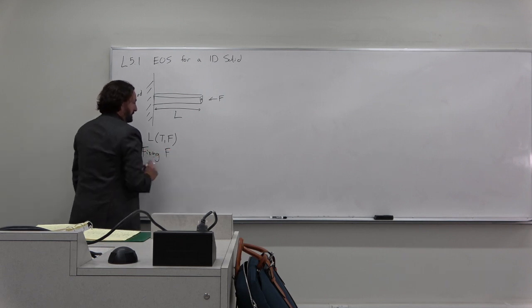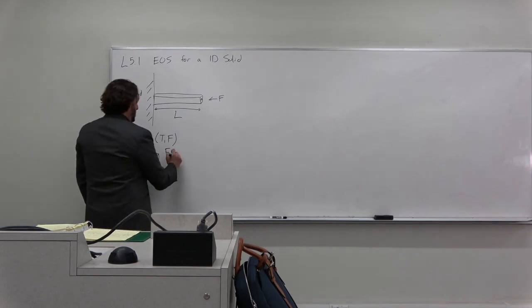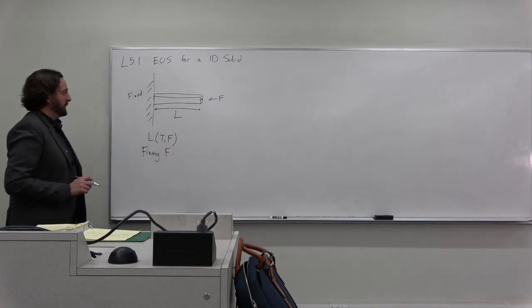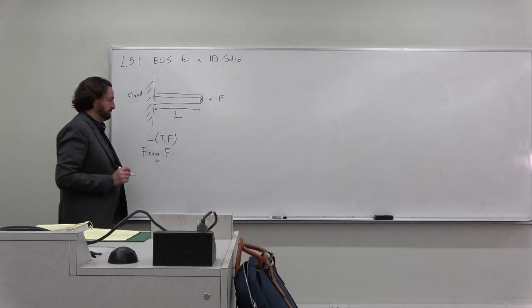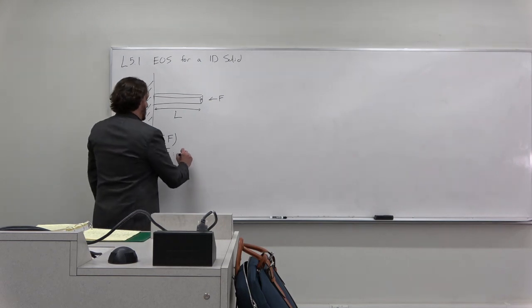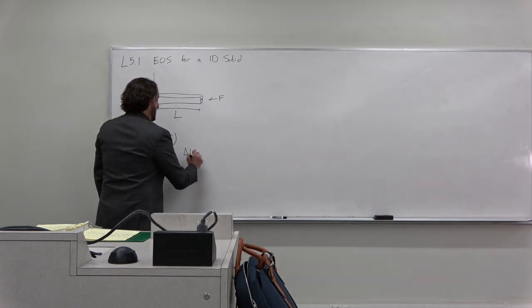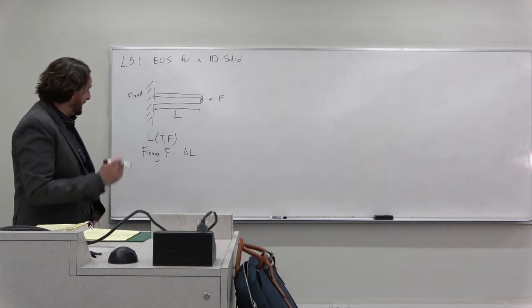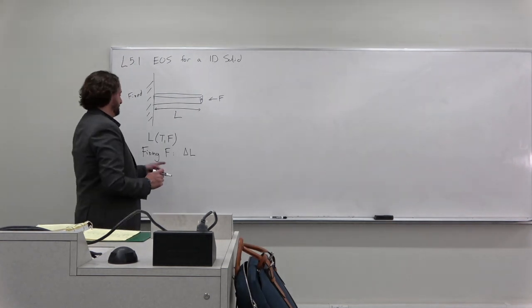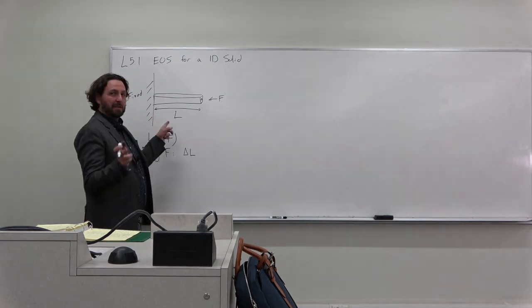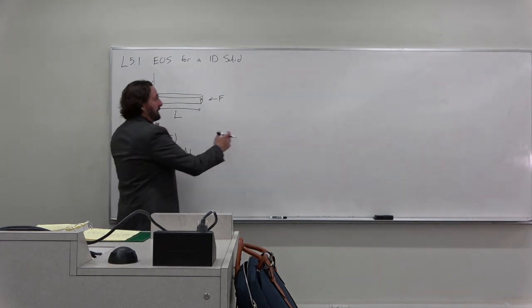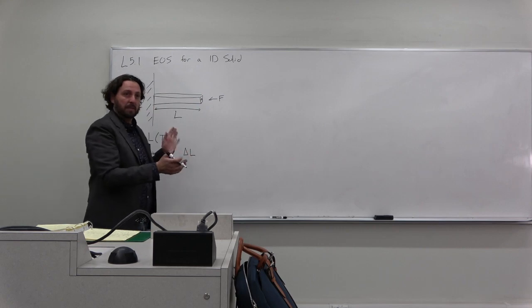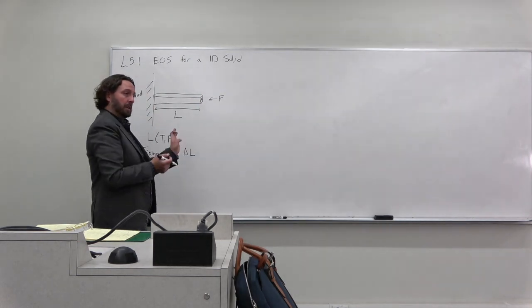Okay, so the question is, let's start by fixing F. So let's start with a constant force. And imagine what happens when we change the temperature. So what I mean is, how much does the length change if I change the temperature? Okay, so I want to calculate a delta L. But I also know intuitively that if I had a really, really, really long bar and I changed the temperature, it would change more than if I had a really short bar.